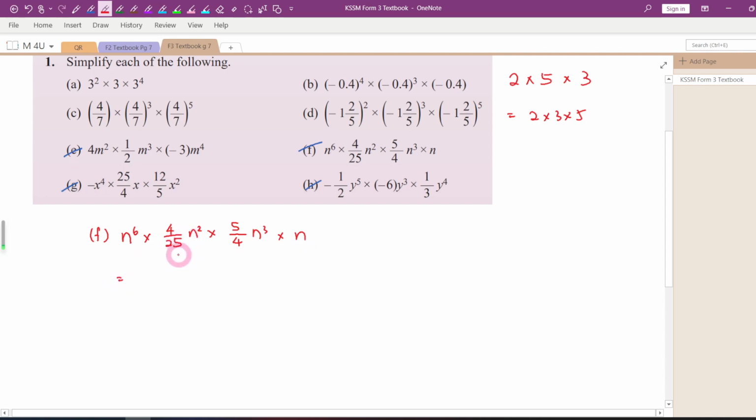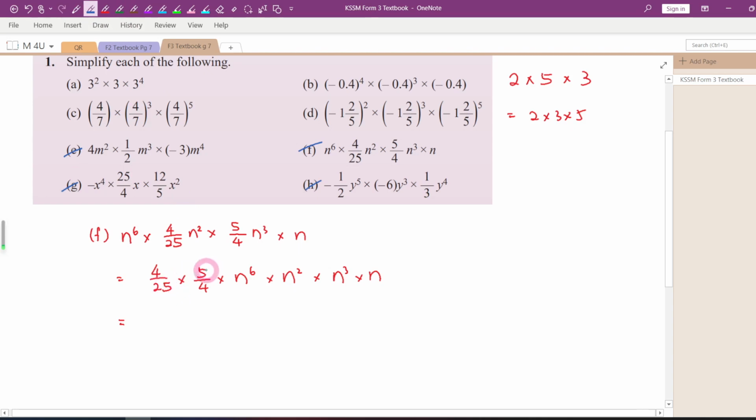We group the numbers together first. 4 over 25 times 5 over 4. Now we are going to write the n terms. So this is n power 6 times n power 2 times n power 3 times n.